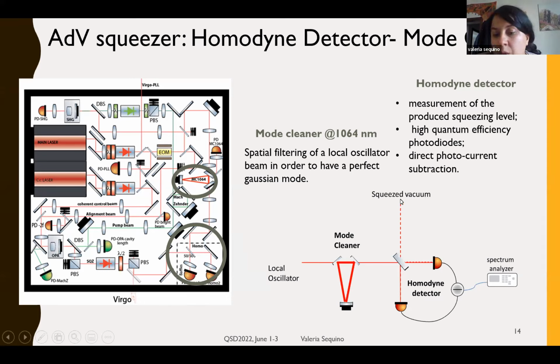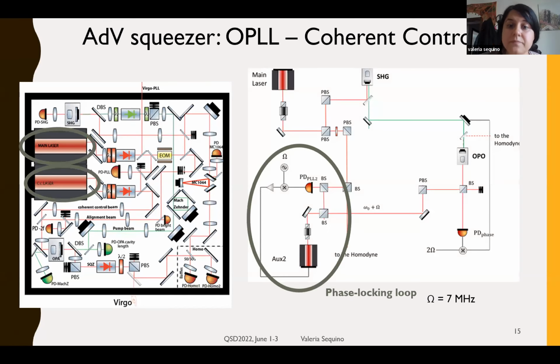When we also put the squeezed vacuum on the beam splitter, the level of the shot noise decreases, and this is the demonstration that squeezed vacuum states can reduce the quantum noise.